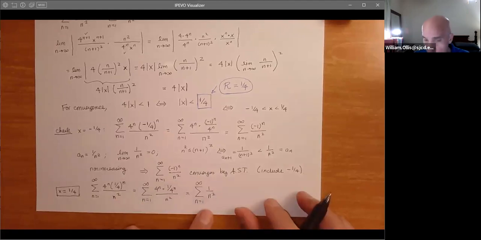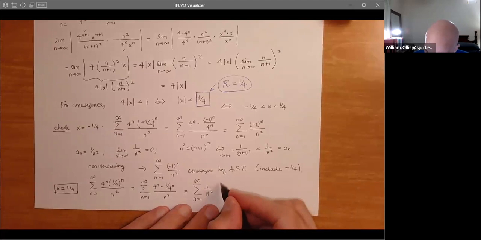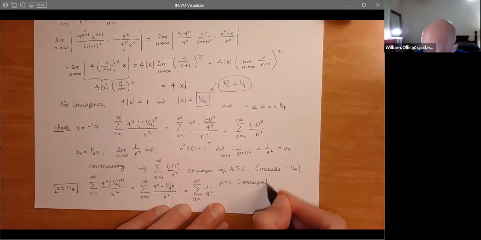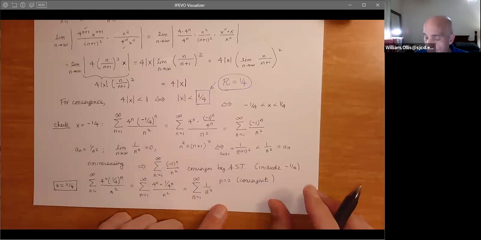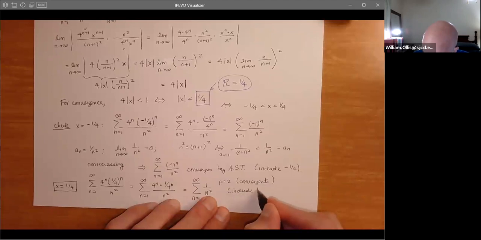Now this we know very well from the integral test. This is a convergent p-series, so p equals 2. This is convergent. So when it's like this, we don't have any work to do. That's a direct result of the integral test. So again, we include 1/4.